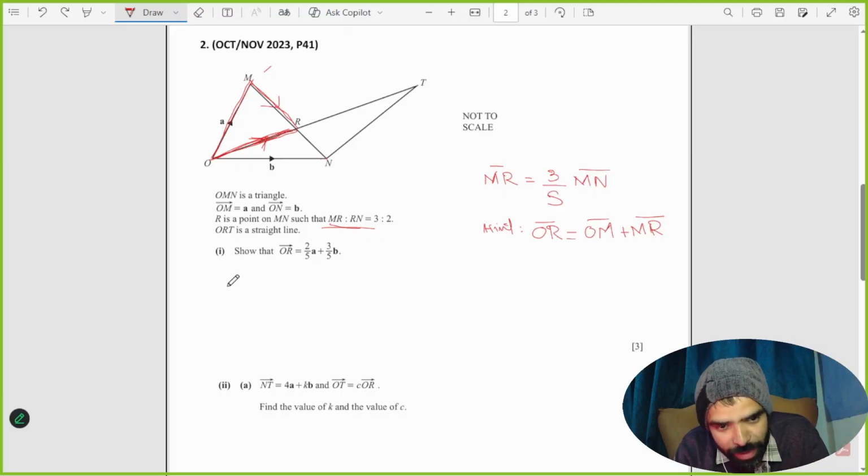So let's find MN. To find MN, you need to consider another triangle, obviously. Another triangle we can consider is OMN. If you consider this one directly, you will get the value of MN in terms of a and b, because two sides are a and b.